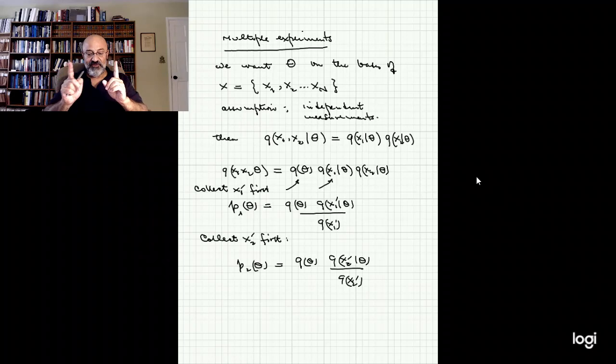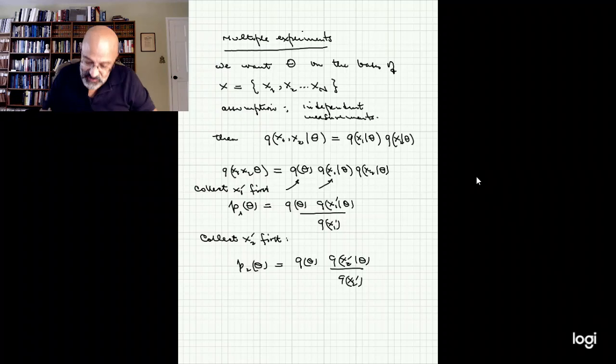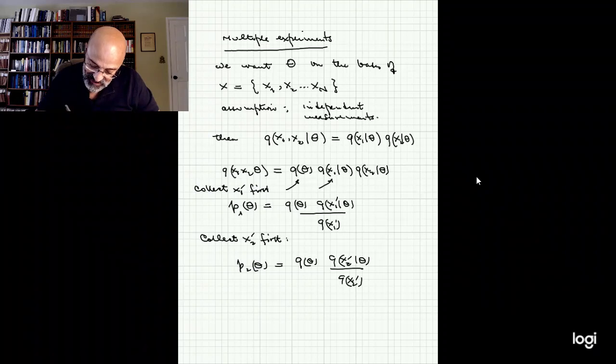What if you collect x1 first and then you update to collect x2, or the other way around? Does the order matter? What happens if you update simultaneously? The question here is: you collect x1 first, collect x2 second. I'm changing this slightly.